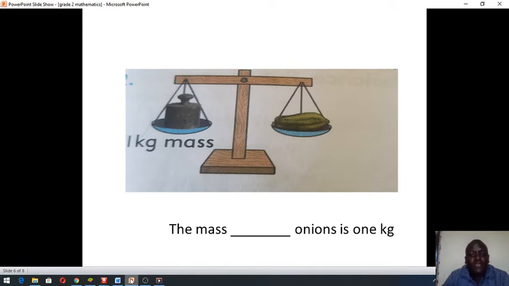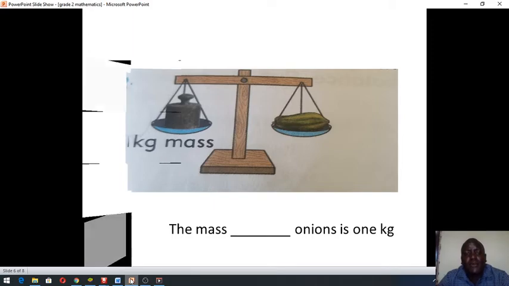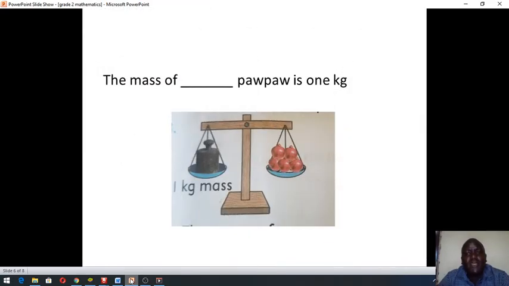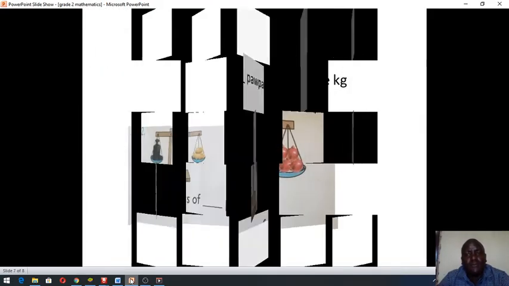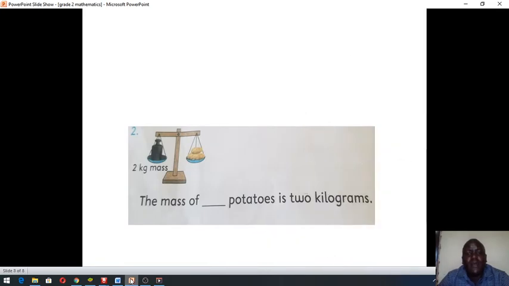So if we know that mass is measured in kilograms and we use the beam balance to measure the mass, then we are going to do the exercise down there. After that exercise, we are going to know that mass is measured in kilograms and grams.